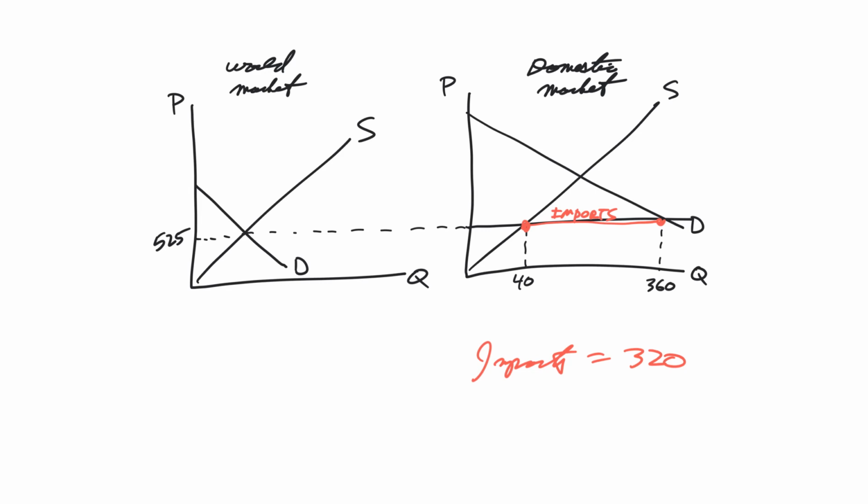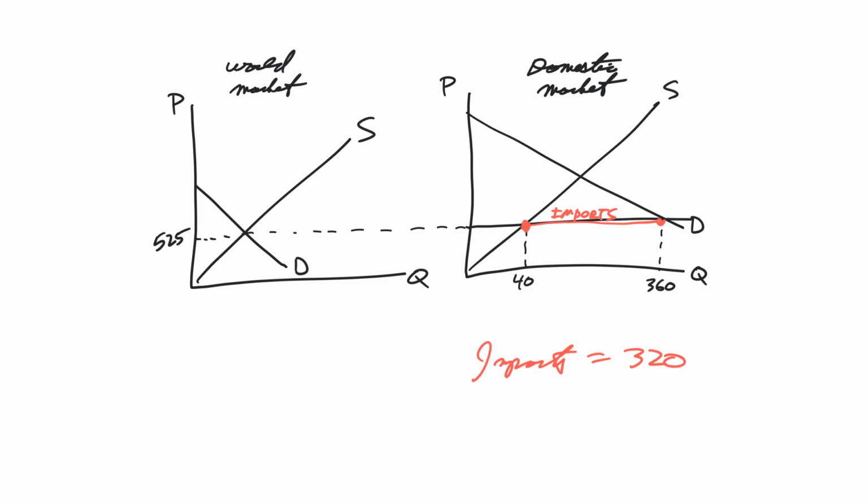So how are they going to bring imports down? Well, they're going to want to have suppliers produce more, right? If suppliers can increase production, that would help bring down imports. If they can bring quantity demanded down, that would bring imports down.